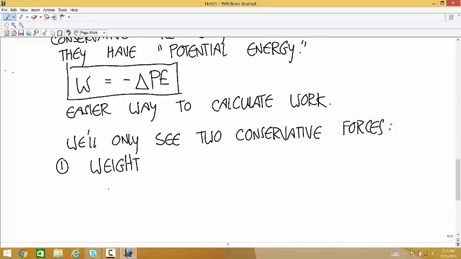And for the weight force, the potential energy, so I'll call it gravitational potential energy, is equal to the mass of the object times g, 9.81 meters per second squared, times the object's height.